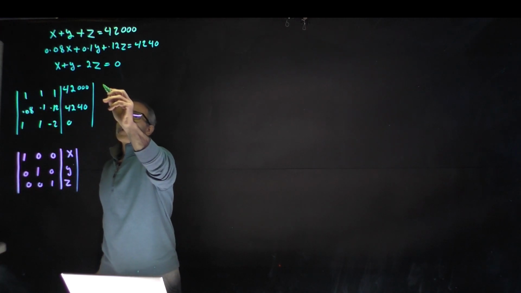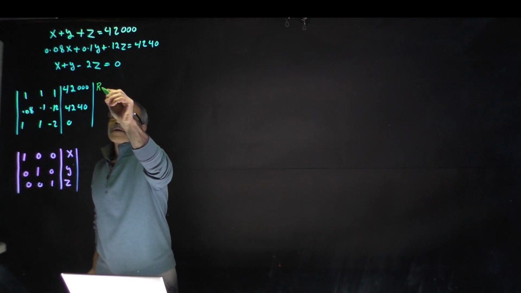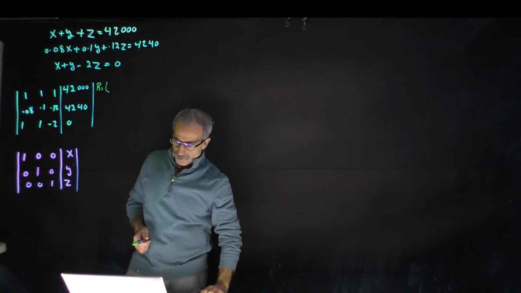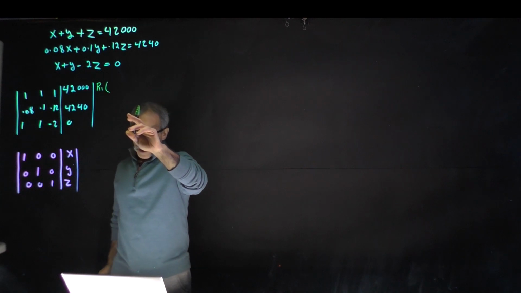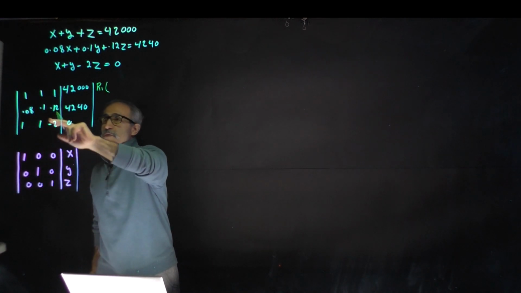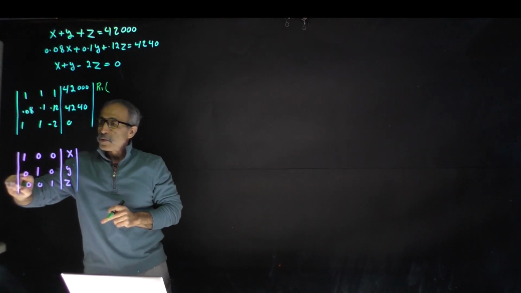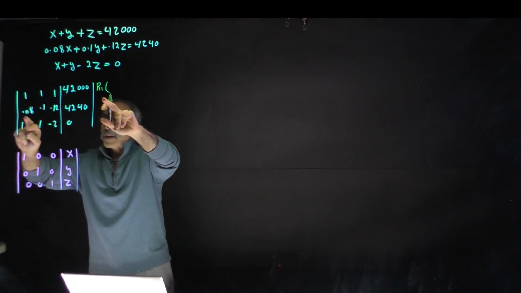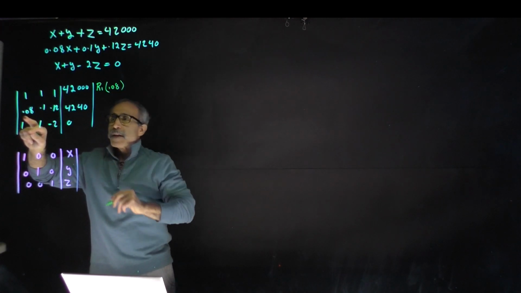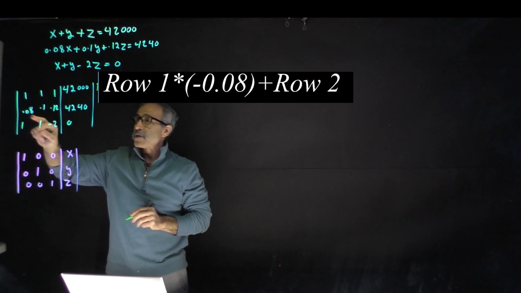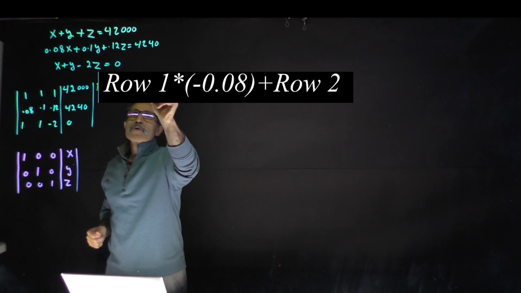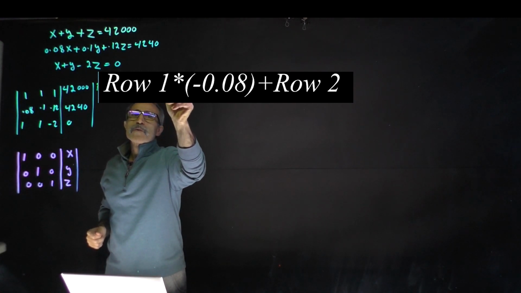I'm going to take row 1, R1, and multiply it by minus 0.08. I want to make that a 0. See that? I want to make that a 0. So to make this number 0, I'm going to take row 1, multiply it by negative 0.08, and then add it to row 2, R stands for row, and that should give me the new row 2.